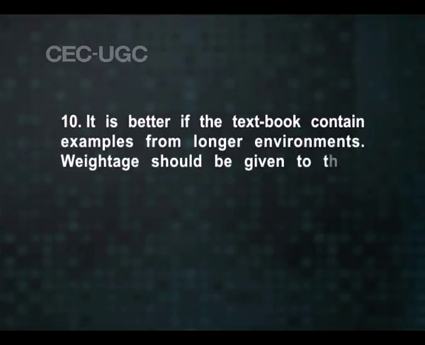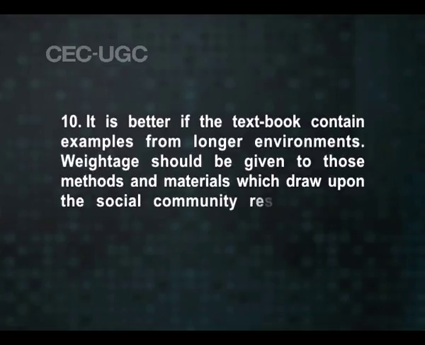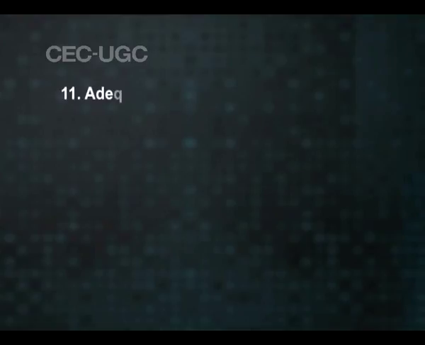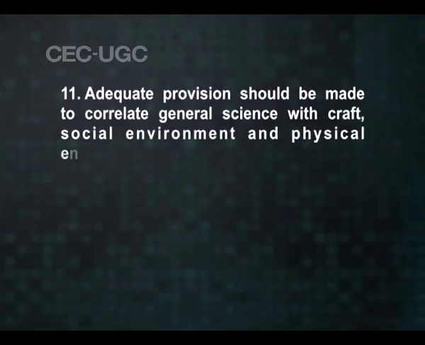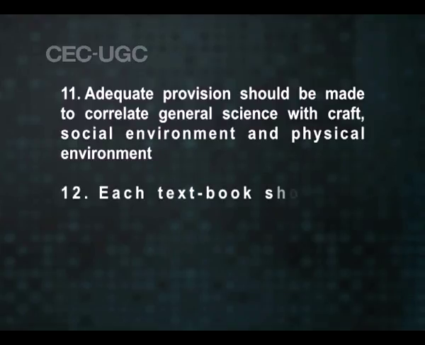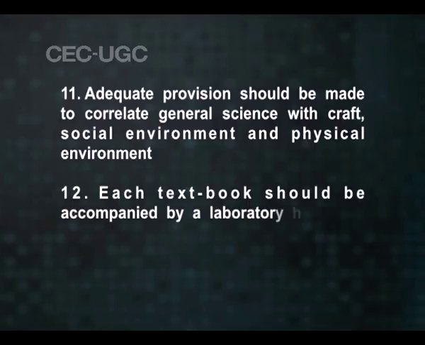Weightage should be given to those methods and materials which draw upon the social community resources and school society interaction. Adequate provision should be made to correlate general science with craft, social environment and physical environment. Each textbook should be accompanied by a laboratory handbook or manual.